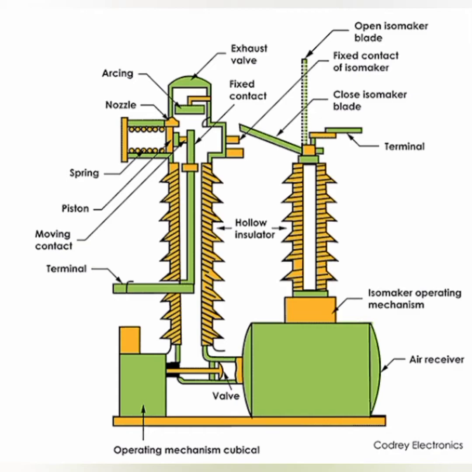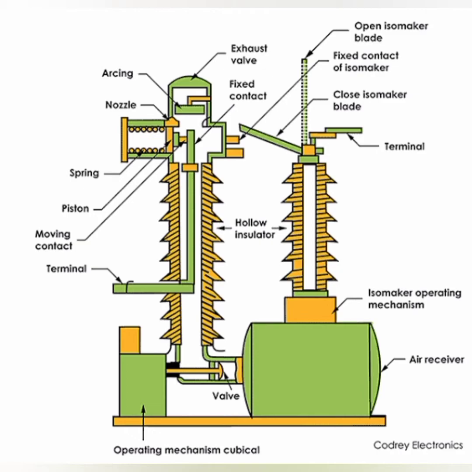Next, the springs for charging of your coils. Next, the piston, in which the movement will happen, and closing and opening operations will happen. Next, the exhaust valve will be placed at the top.